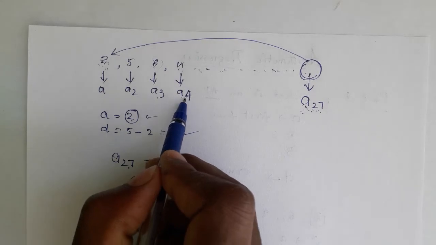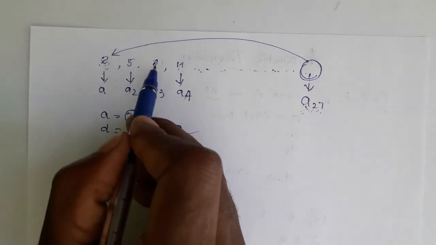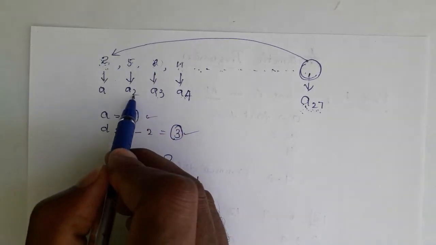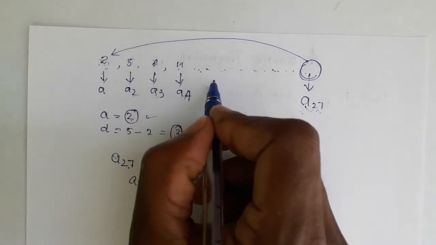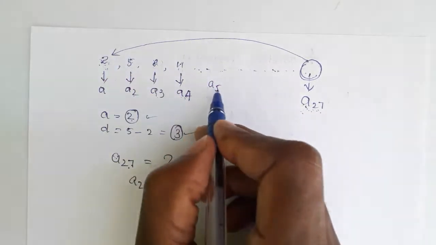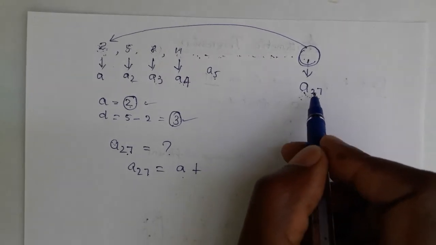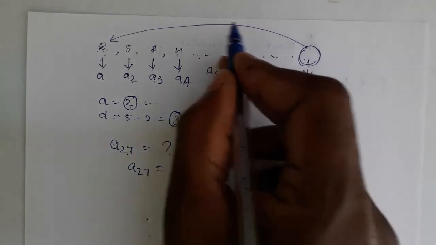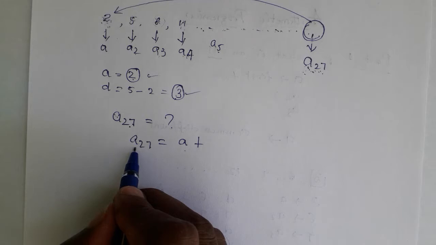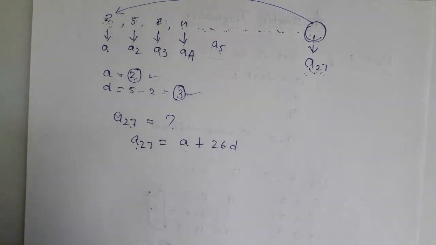See, the fourth term takes 3 jumps, look here, 1, 2, 3. The third term takes 1, 2 jumps. The second term takes just 1 jump. Suppose the fifth term is there: 1, 2, 3, 4. So the fifth term takes 4 jumps. Similarly, the 27th term takes 26 jumps.